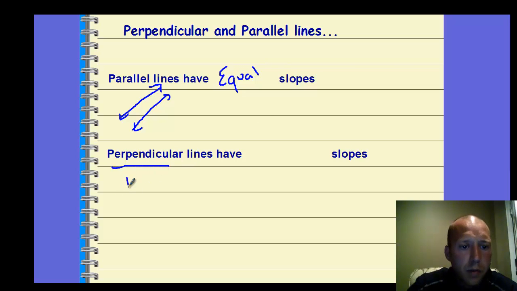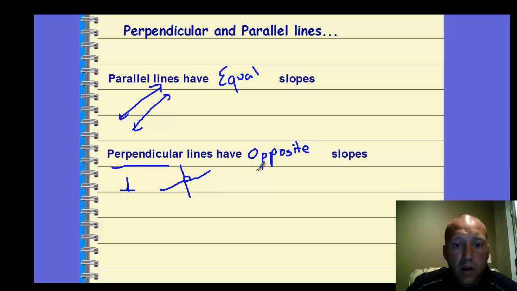Perpendicular, and the symbol for perpendicular is an upside down T, and they're just any two lines that form right angles, a 90-degree angle right here, and they have opposite slopes, so one is positive, one is negative, but they're more than that, they're opposite reciprocals.